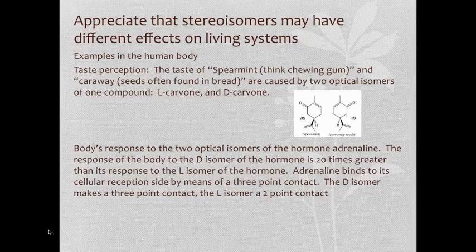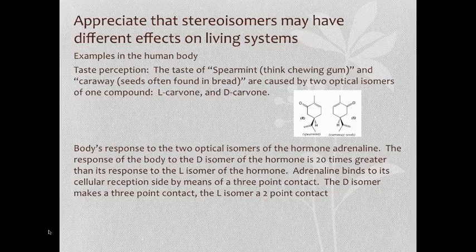The body responds differently to the D isomer and the L isomer of adrenaline. Adrenaline is that hormone that gives you that energy when you're afraid or you're put in a position where you have to produce.